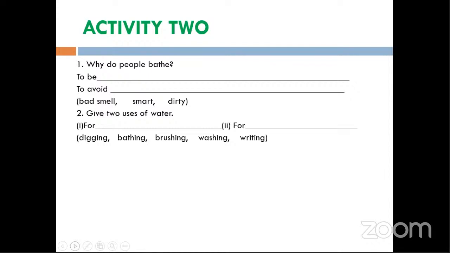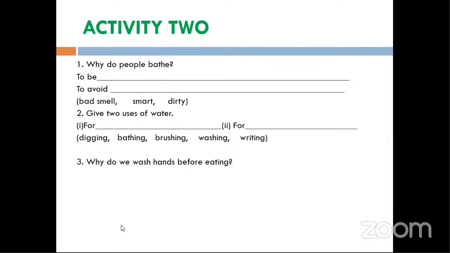Next question, why do we wash hands before eating? Every time at home, they tell you to wash your hands first. Why do they have to tell you to wash your hands first?